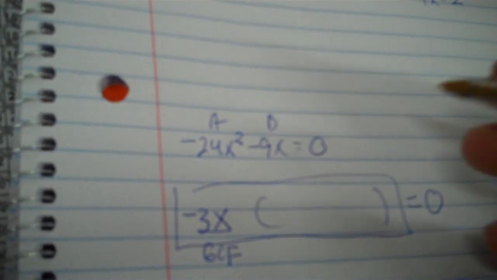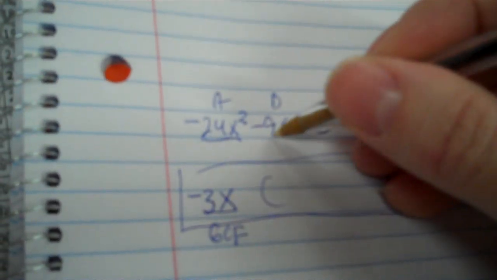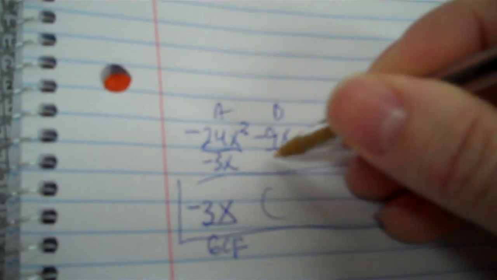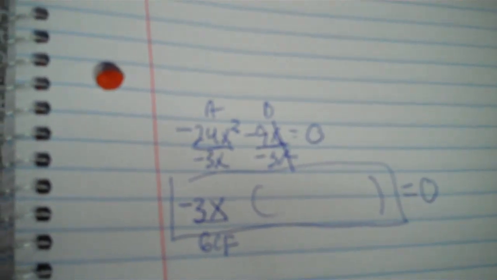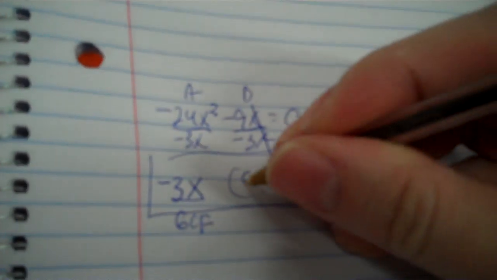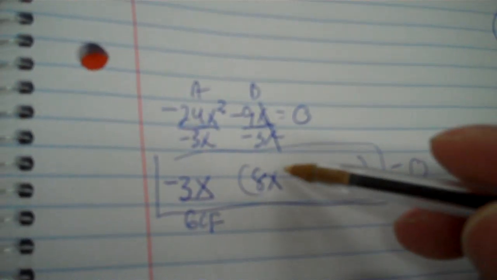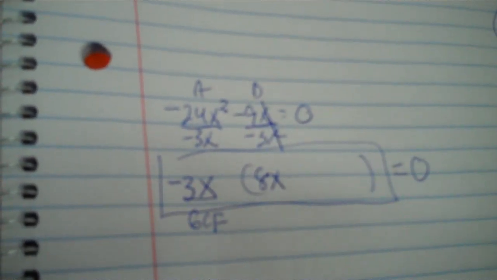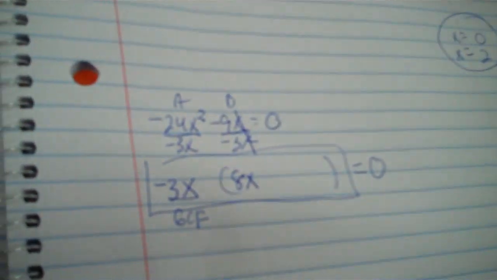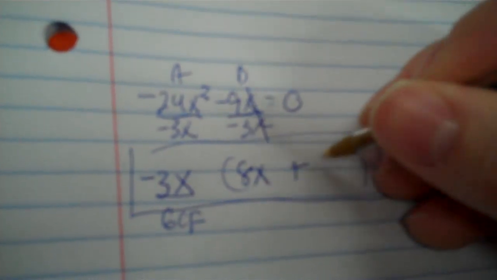And x, now remember what we said, if your A is negative, you need to make your GCF negative. So divide by negative 3x. So negative 24 divided by negative 3 is 8. And then I would have x on, not x second, x, because you're dividing x second by x, which gives you x. Then negative 9 divided by negative 3 is 3. So plus 3.